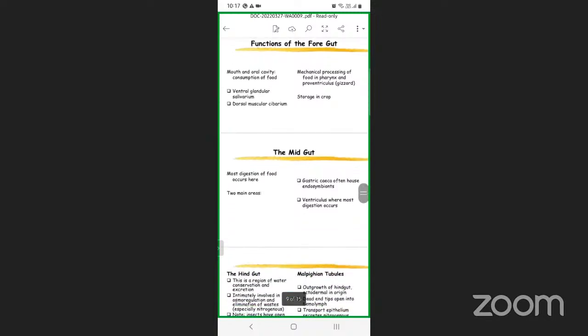After this, the two main areas we will discuss are the gastric ceca, which is the main region of the endosymbionts, the house of endosymbionts, and the ventriculus, where most of the digestion occurs.